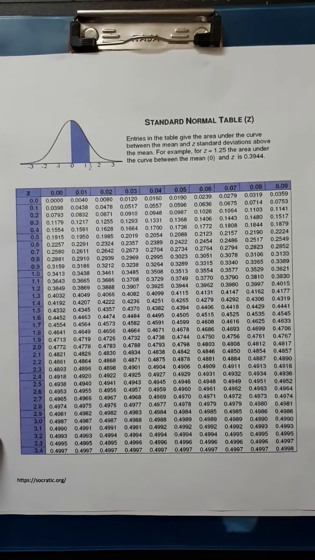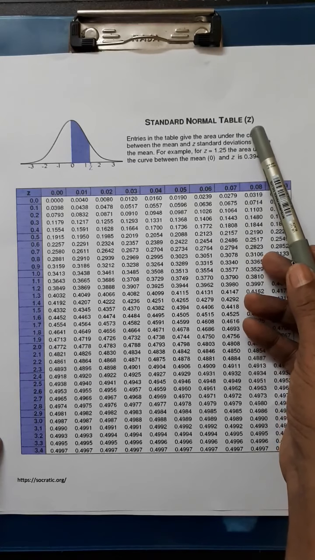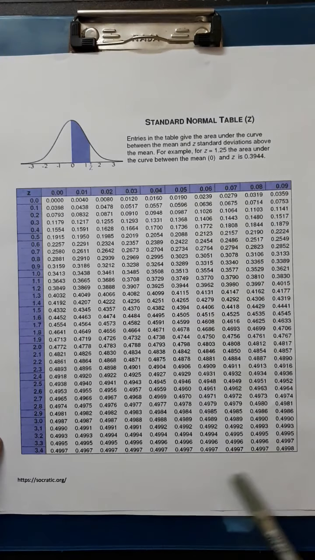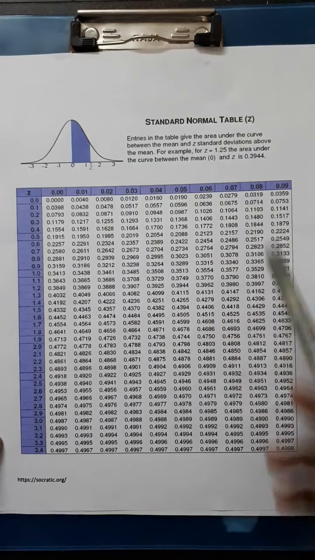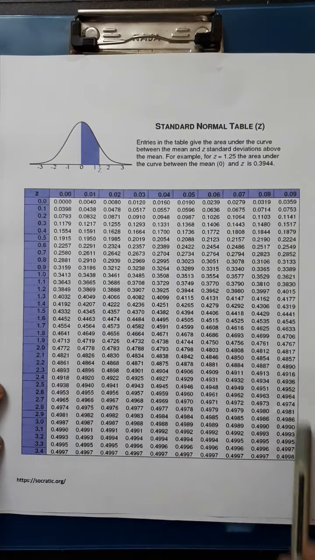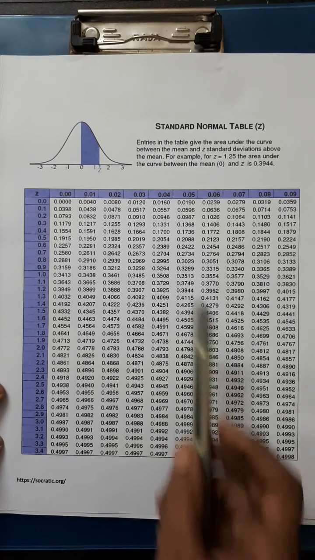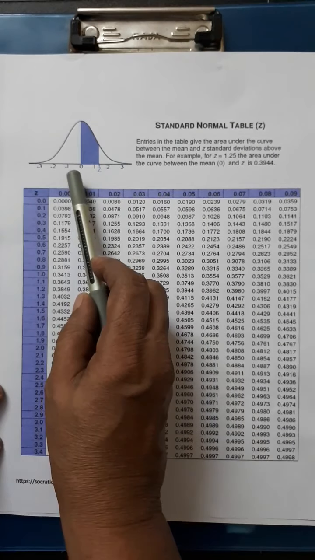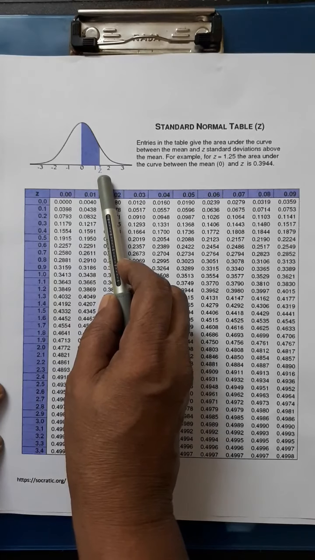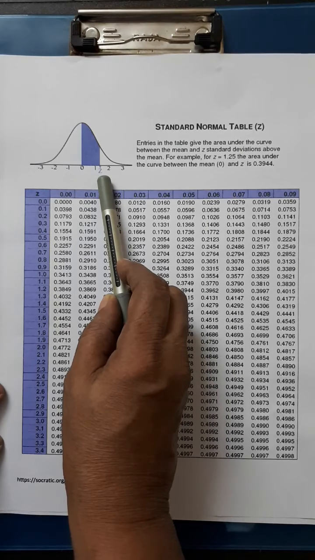We already stated we have a standard normal table, so let us think about what is meant by the standard normal table. The body of the standard normal table gives the area between 0 and a positive value of z.